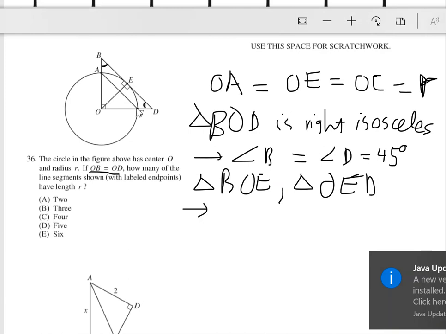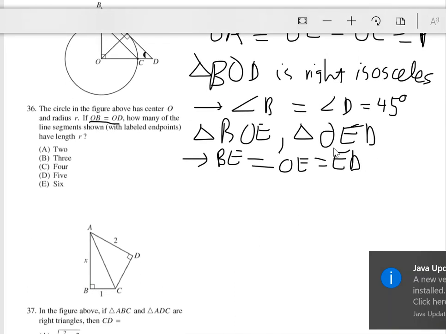Let me write this down. Because these are right isosceles triangles, we can easily see that BE is equal to OE, because of triangle BOE, and OE is equal to ED as well because OED is a right isosceles triangle. And notice that OE is R, a radius.